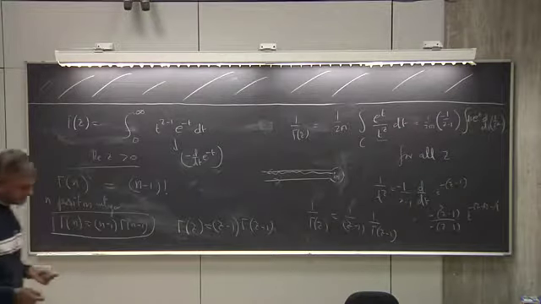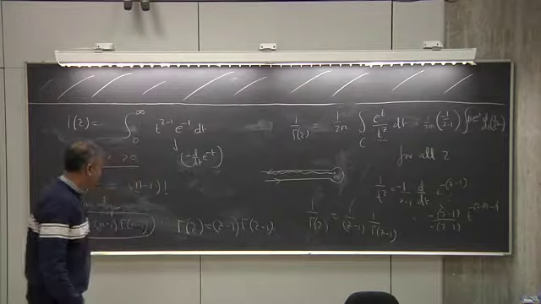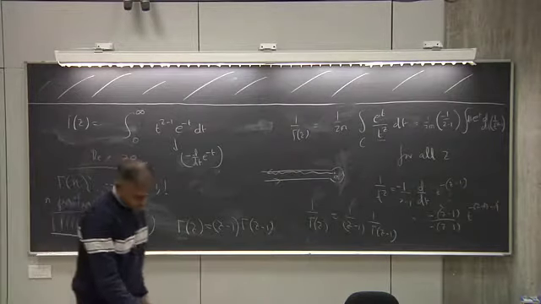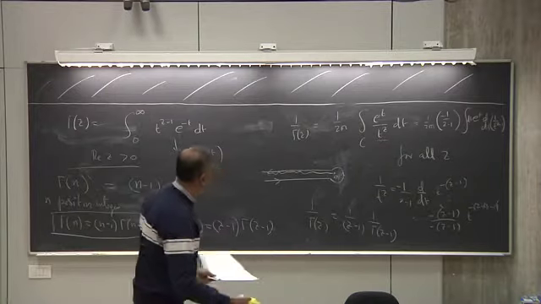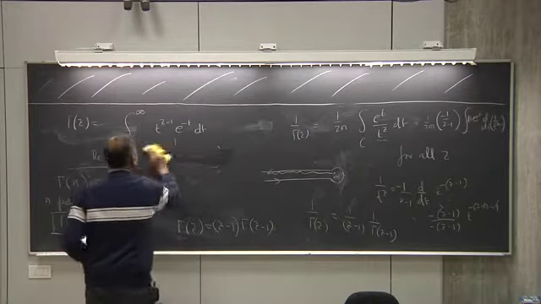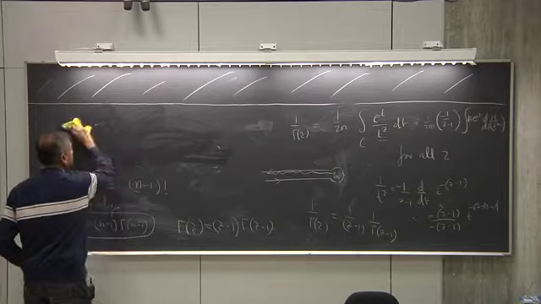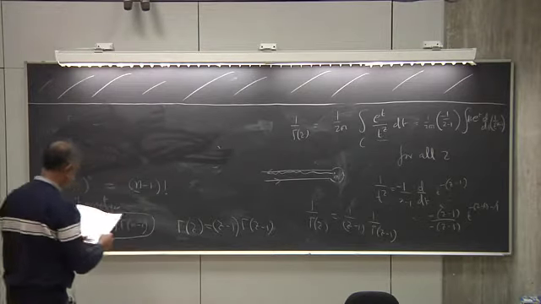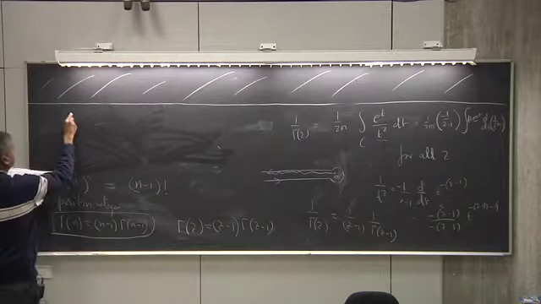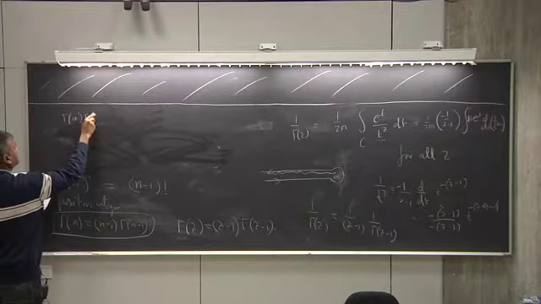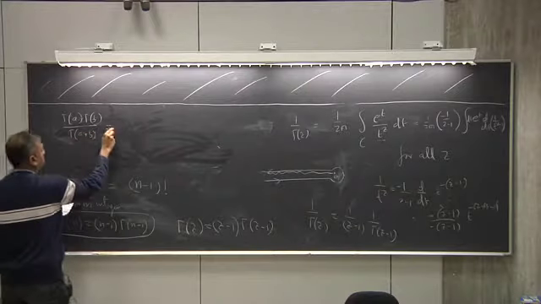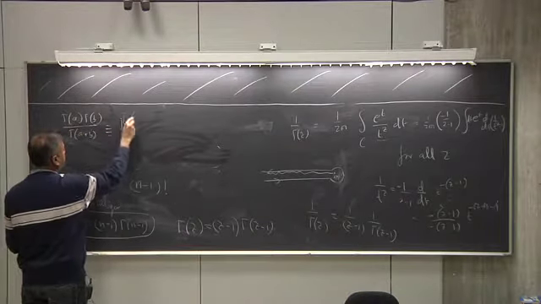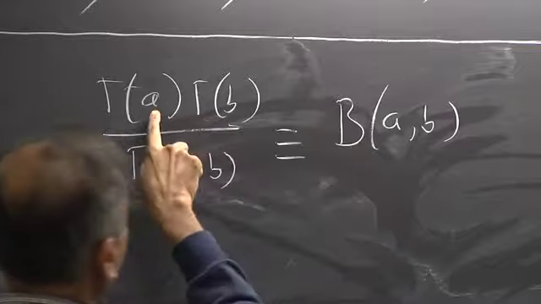What else then? So this is one important point. Then the other very, very important relation, which appears in many places, is the definition of the beta function. It was gamma of A times gamma of B divided by gamma of A plus B. This is called the beta function, which obviously depends on these two numbers.